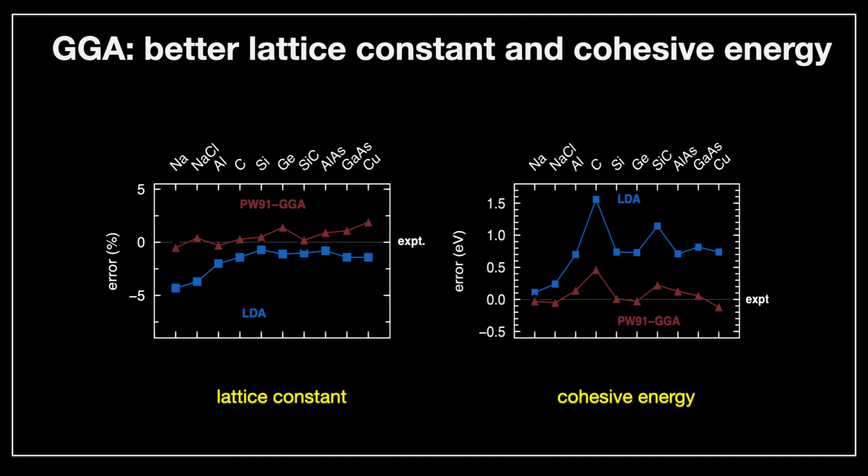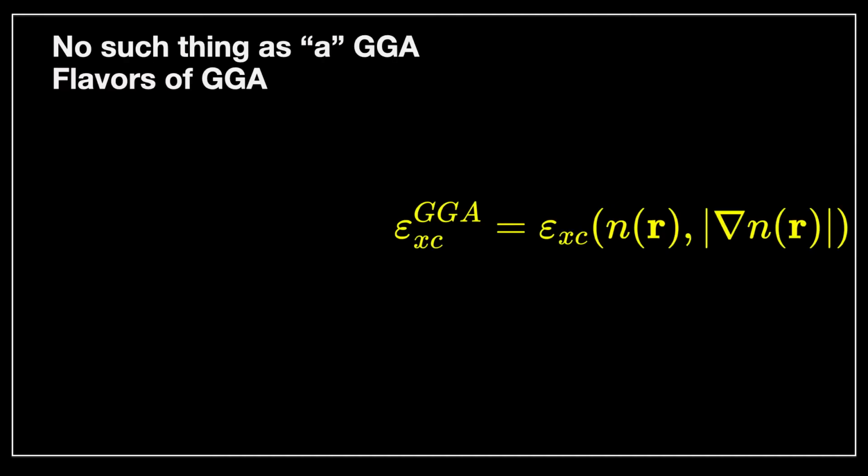One thing that's important to realize as a student is that there is no such thing as a single GGA. There are many flavors. This functional is not necessarily the solution of an exact problem, as opposed to LDA, which is the solution to the exact problem of a homogeneous electron gas. For GGA, it's not quite the case. So there are many different flavors.